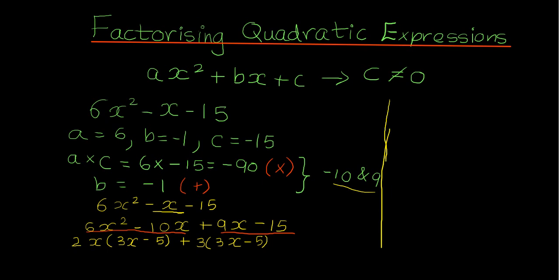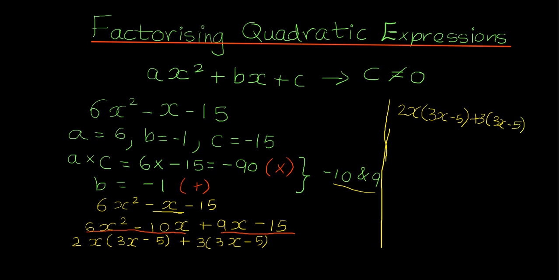So I will rewrite the last step. So I have 2x brackets 3x minus 5 plus 3 brackets 3x minus 5.